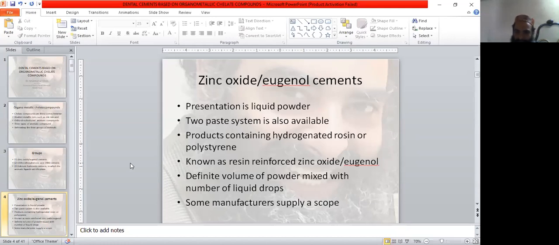In the two-paste system, there are two pastes like we have studied in zinc oxide eugenol impression materials. Products containing hydrogenated rosin or polystyrene are known as resin reinforced zinc oxide eugenol.